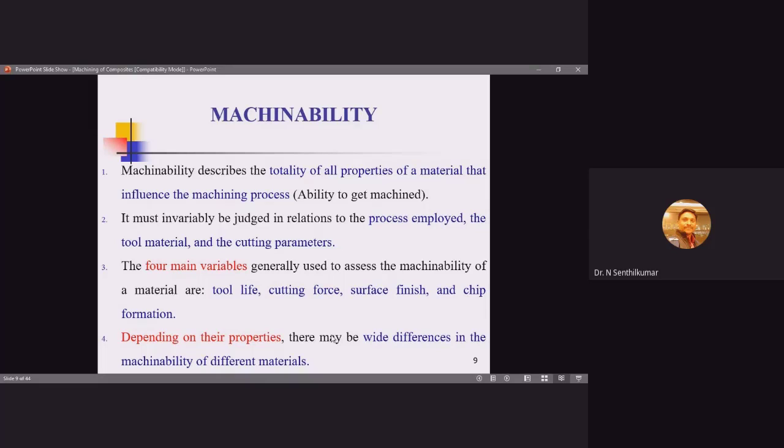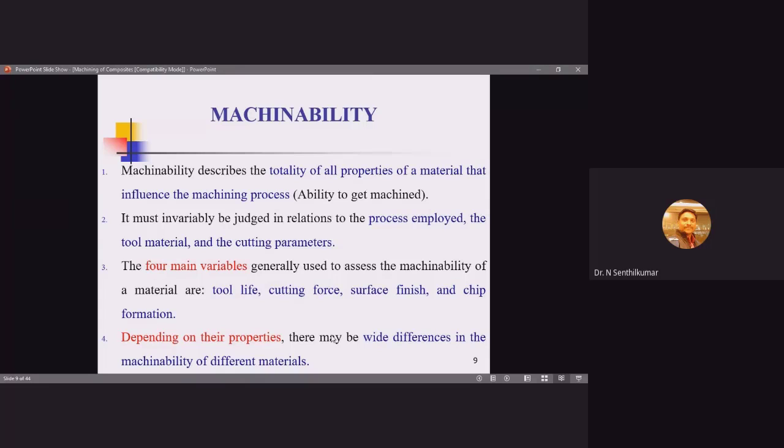So depending on the properties of the reinforcement phases, matrix phases and cutting tool materials, there will be a wide difference in the machinability of different materials. For example, I have two different composites: AA6061 plus 5% SiC and AA6061 plus 10% SiC.